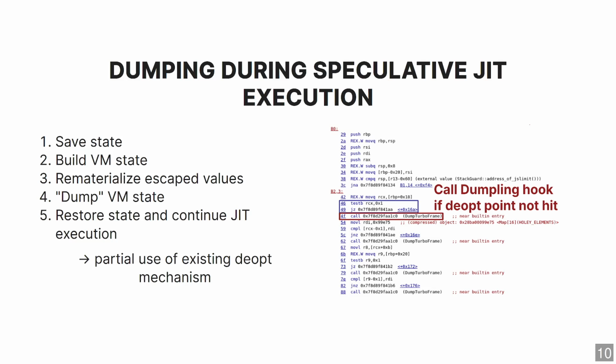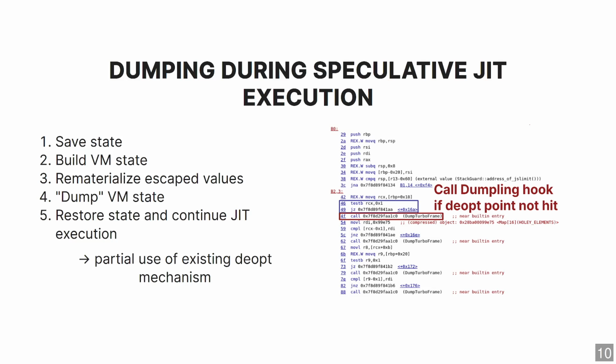How we do this is we insert just one more assembly instruction there, which is a call to our Dumpling hook, and it gets executed in the case where the de-optimization point didn't get hit.